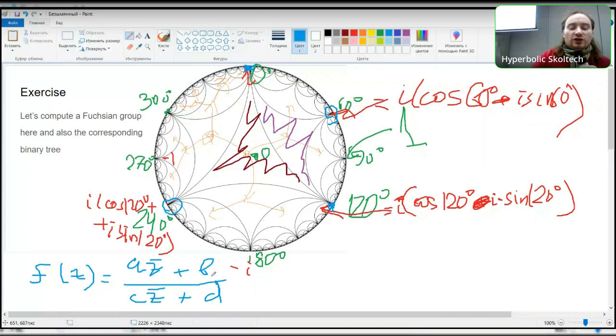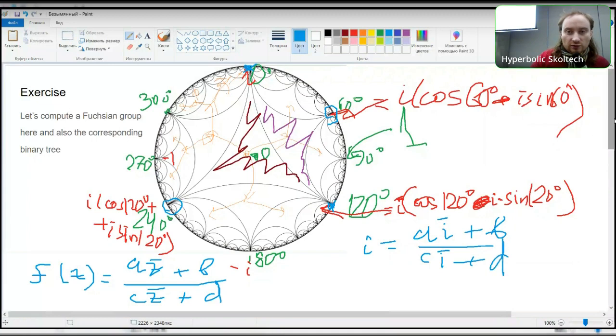Okay, so let's compute a, b, c, and d here for this. I is the image of i. So here I write an equation like this.